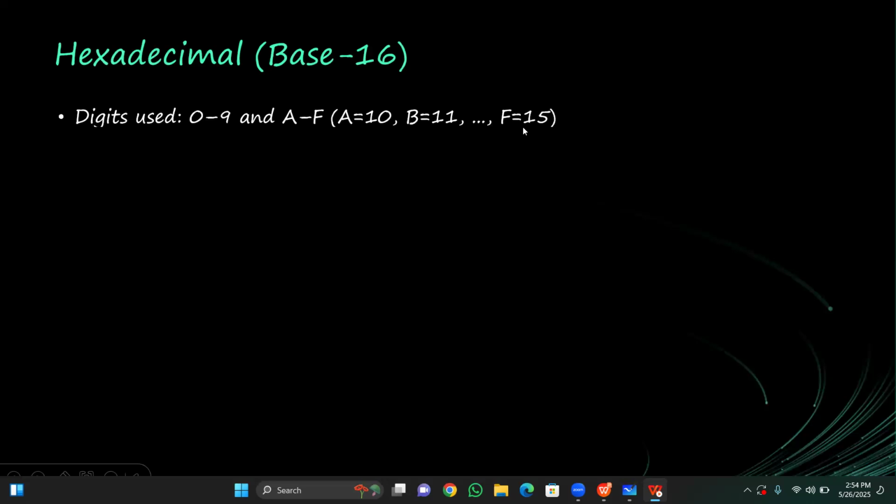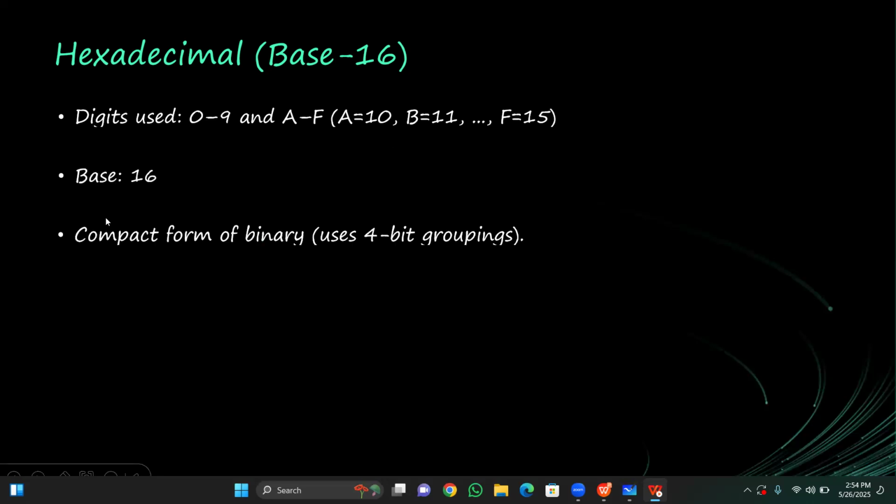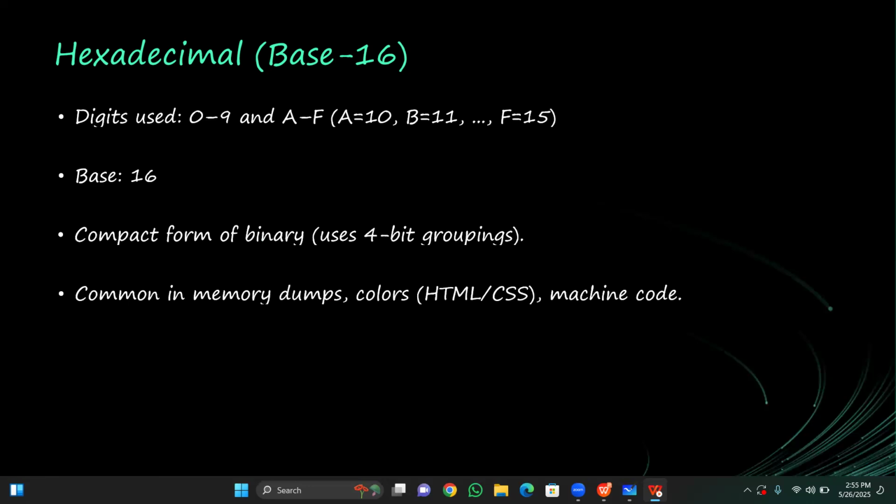Then F is 15. So it has 16 digits. 0 to 9 gives you 10 digits, and A to F gives you an extra 6 digits. That's 16 digits, and it is in base 16. So it is a compact form of binary. It uses 4-bit groupings. The octal uses, sorry, 3-bit groupings.